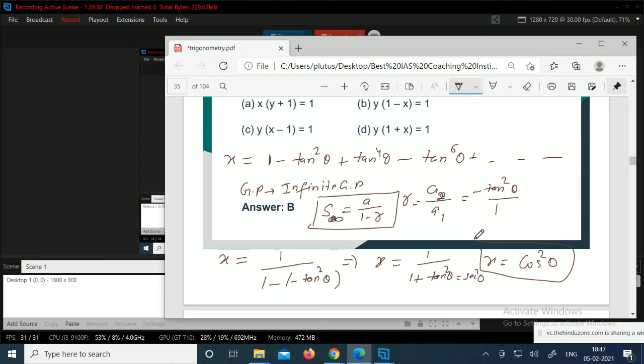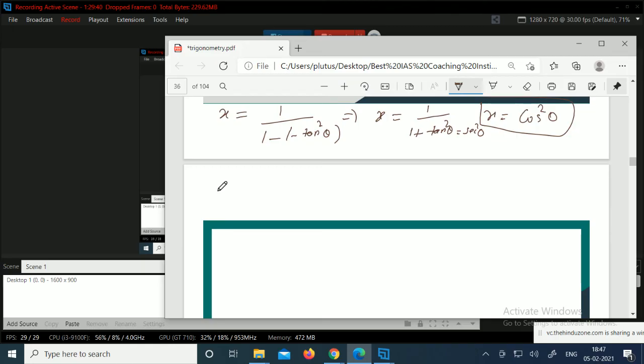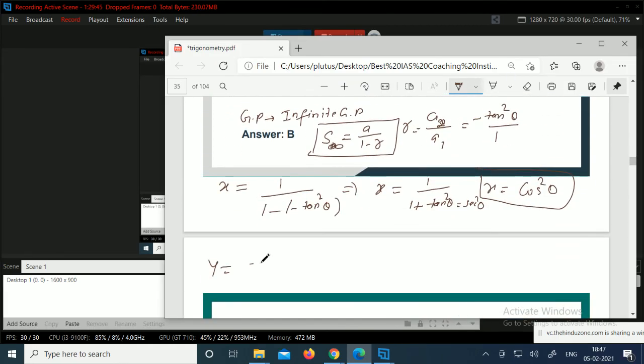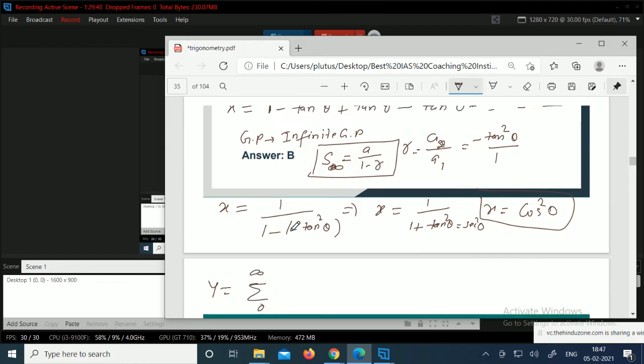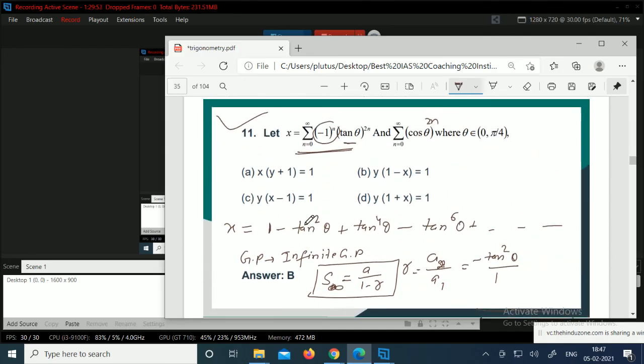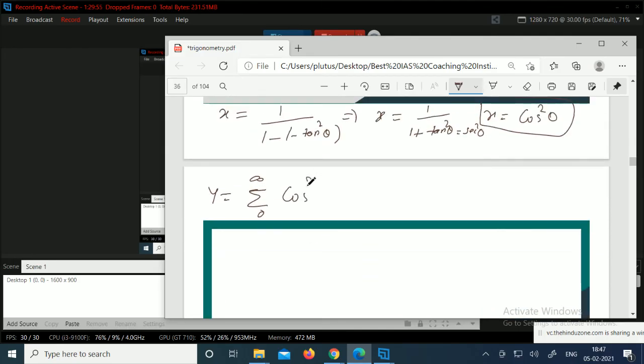Now if I calculate the value for y, what is the series for y? The y series is sigma 0 to infinity cos 2n theta. If I write the series for y, that is 1 plus cos square theta plus cos 4 theta, cos 6 theta, like that.